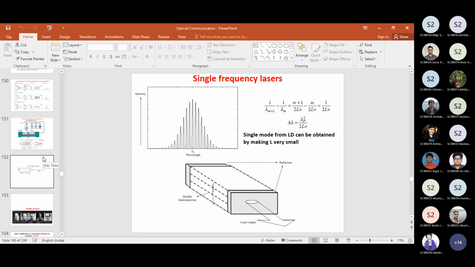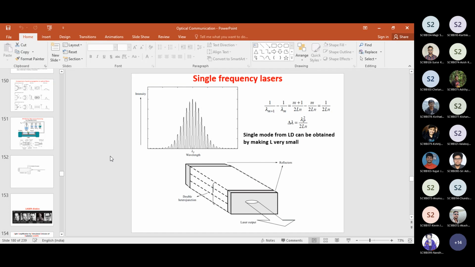Okay, so in our previous class we were discussing the various dispersion mechanisms that happen inside an optical fiber, which cause the optical signals to broaden in time domain. I think we have covered most of the important concepts related to the communication medium in an optical communication system.